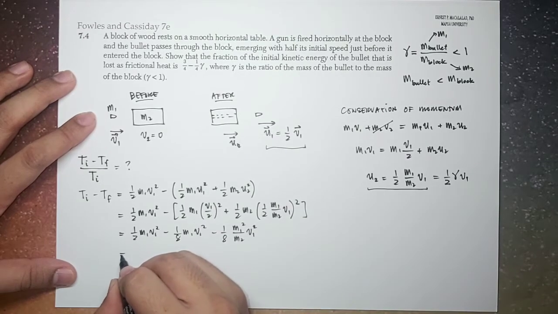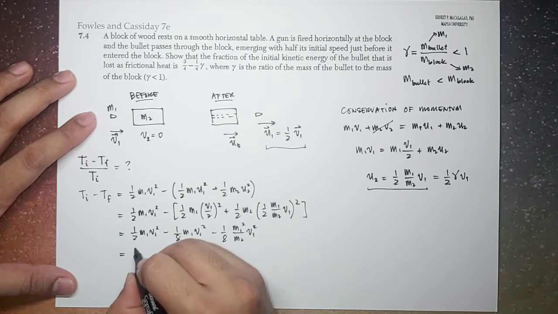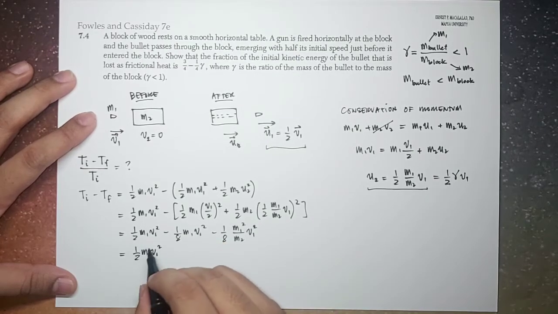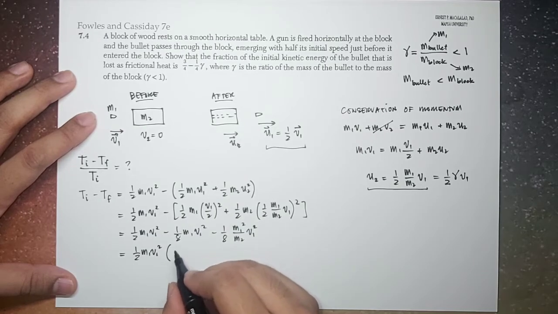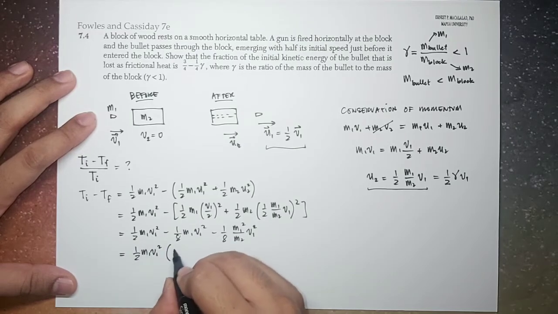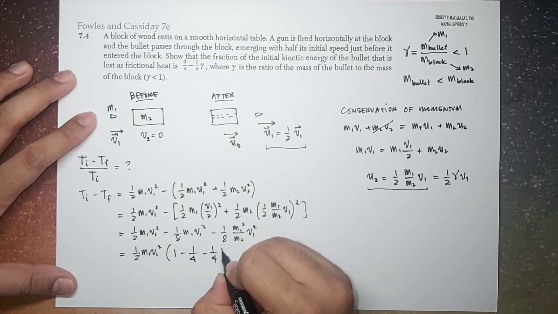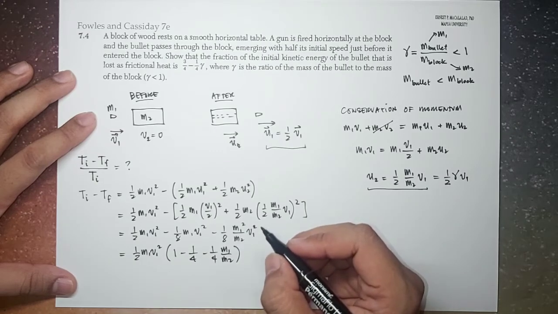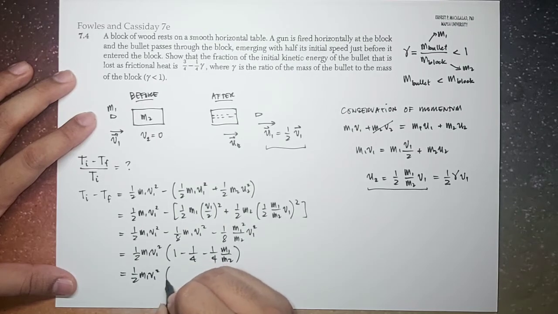Combining everything, we now have, factoring out 1/2 m1 v1 squared, 1 minus 1/4 minus 1/4 m1 over m2, which gives us 1/2 m1 v1 squared.